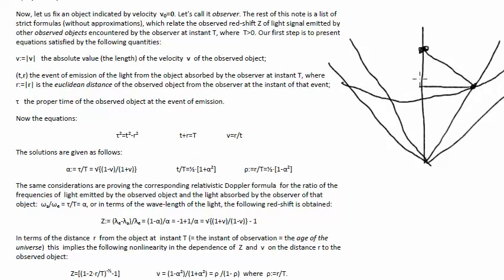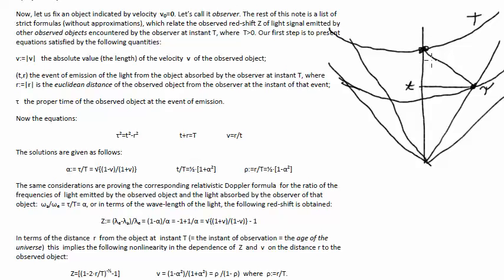Let's call that tau. This is the instant tau, and up here we'll have the instant t, and down here maybe a little t. I think this diagram represents what it is.